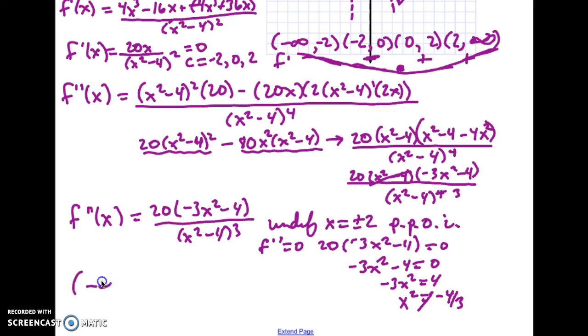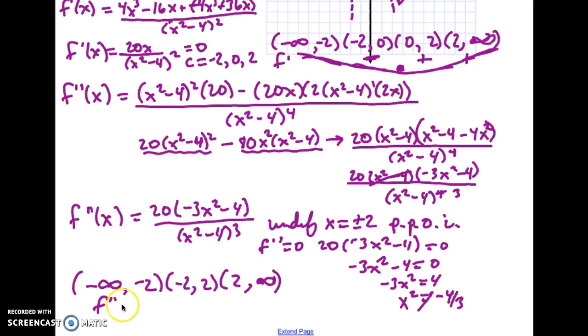So if we set up our intervals for concavity using the possible points of inflection and take a test value and plug it into the second derivative, like a negative 3, plug it in here. The top, negative 3 squared, will be a positive 9, so negative 27 minus 4 is a negative on the top, and the bottom, negative 3 in here will be a positive 9, so that'll be a positive.